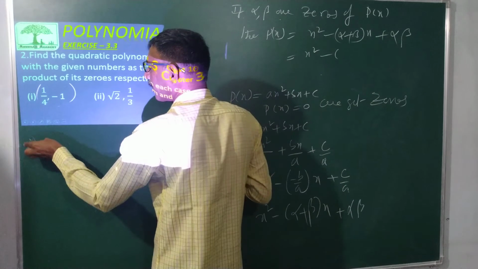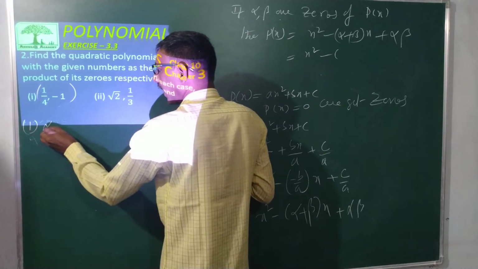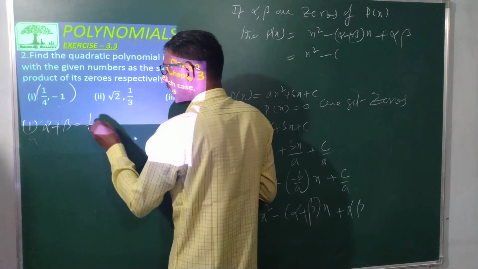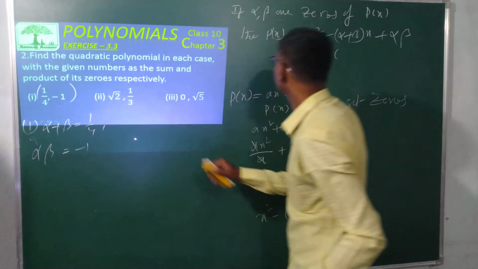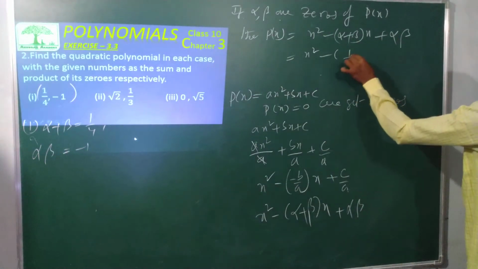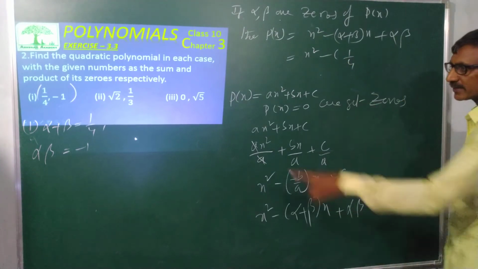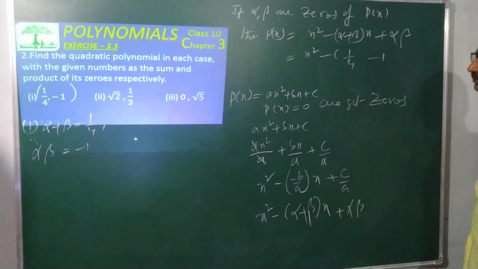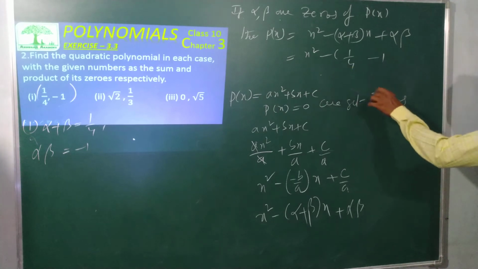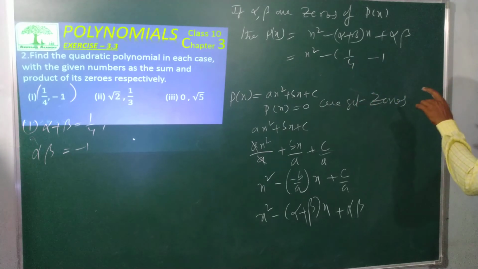From the first bit, alpha plus beta is equal to 1 by 4 and alpha beta is equal to minus 1. So here I would like to write 1 by 4, because the sum of zeros is 1 by 4 and the product of zeros is minus 1. Sir, you missed the x term.